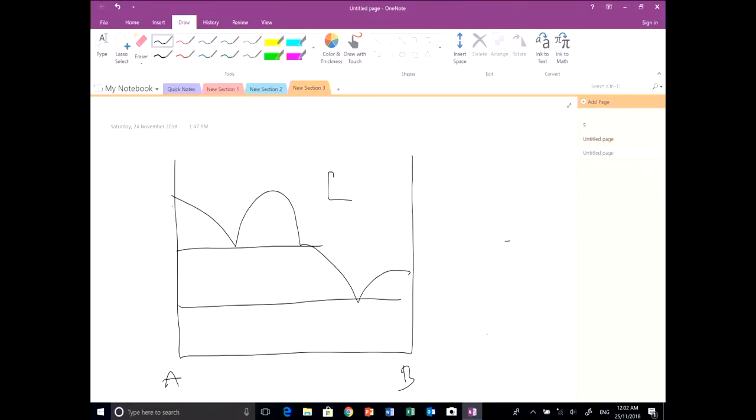One phase. Okay, one phase. What do I have in the left-hand triangle? A plus L. What do I have right below that? A plus L.